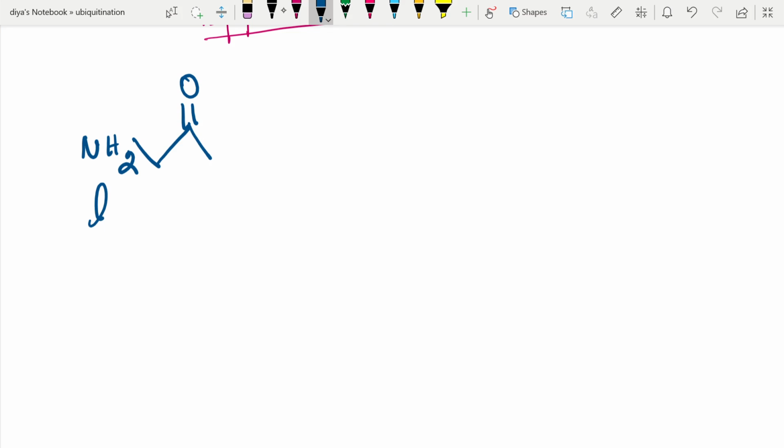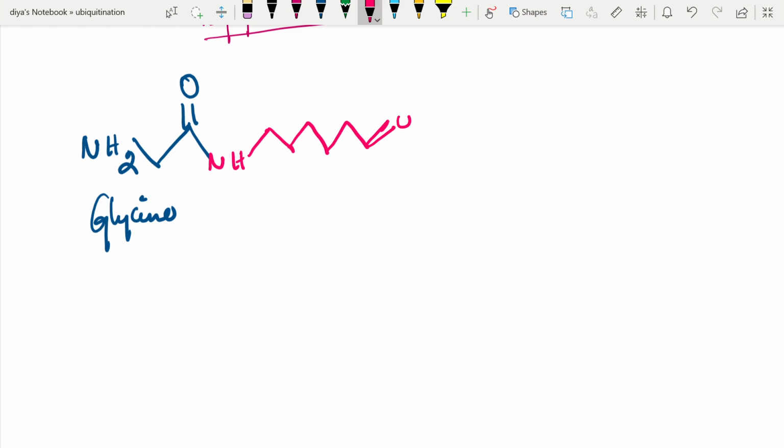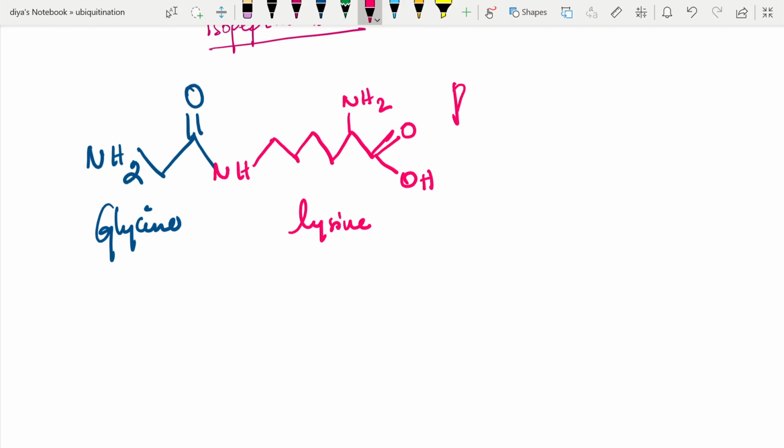Sorry, this is the glycine, guys, and the other side is the protein residue called lysine. The last residue of the protein is the lysine and the last residue of the ubiquitin is the glycine.